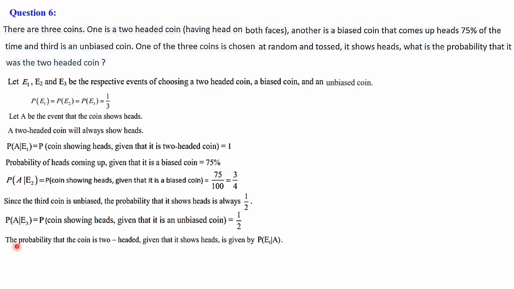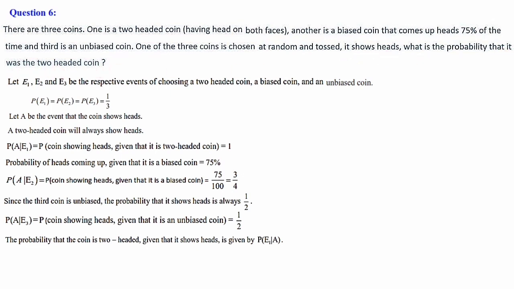Now the probability that the coin is two-headed given that it shows heads is given by E1 given A. That is what we have to calculate. It is mentioned here. One of the three coins is chosen at random and tossed. It shows head. So what is the probability that it was a two-headed coin?